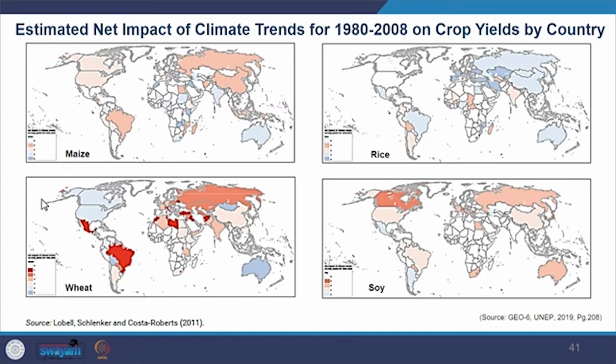You can see how the impact is high in India, Australia and African countries, among many other areas. Likewise, in the right top quadrant, you can see impact on rice production, and look out for the color blue. Likewise, you can see for wheat and soy in the bottom two quadrants. So have a look at that and see how the yield is changing.